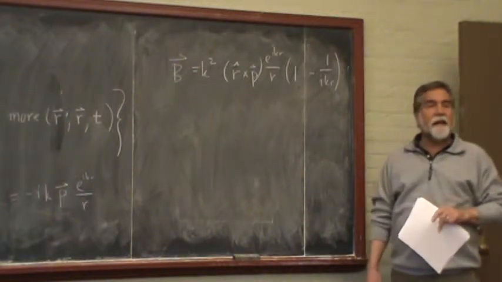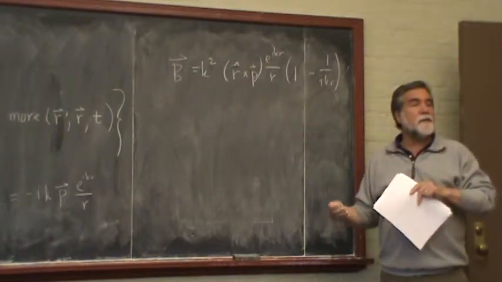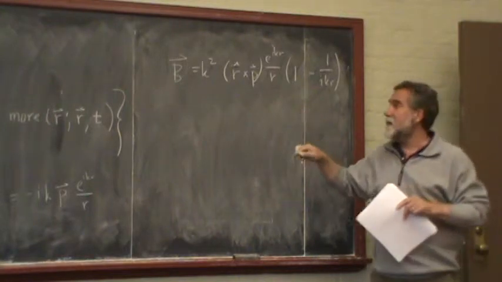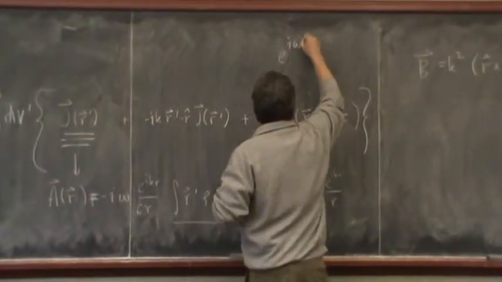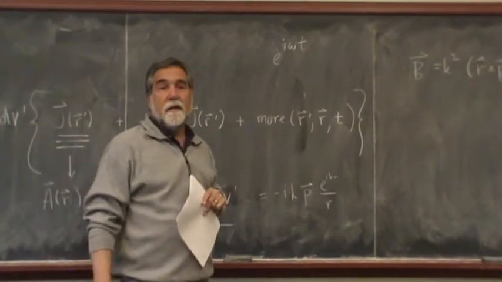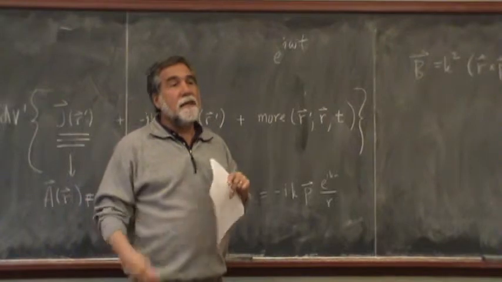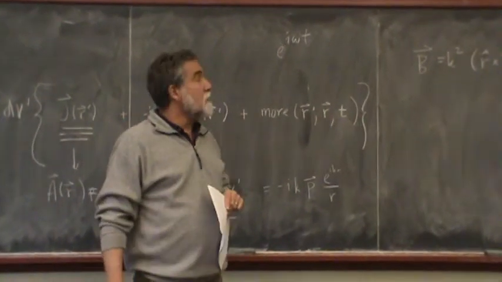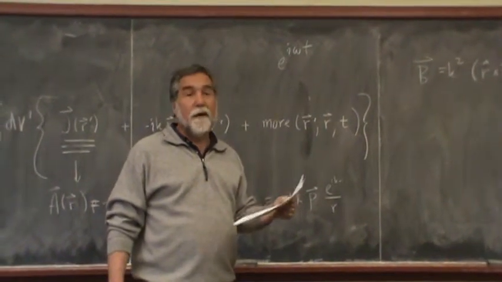In Ohanian, he does the derivation where he includes the explicit time dependence. What I've done is I assumed that everything oscillates as e to the i omega t, whereas Ohanian did not make that assumption. So he included the derivatives throughout, and there's a neat consequence that comes out of that.